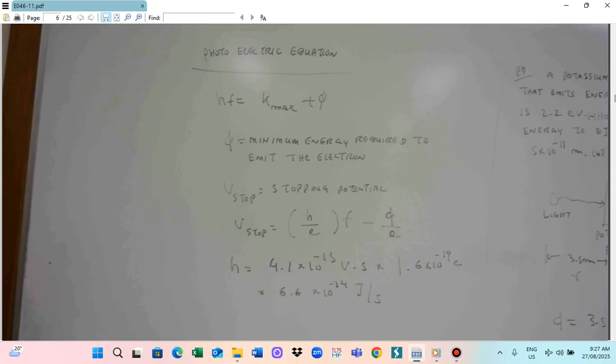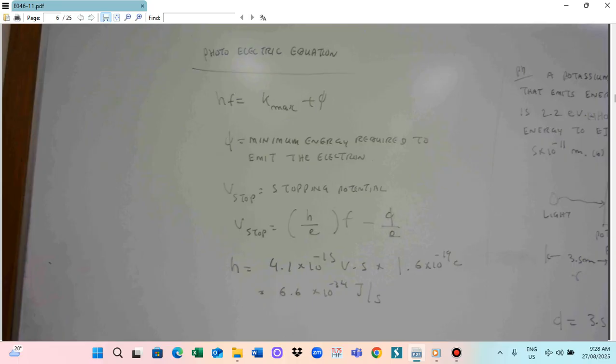This means that to produce the electron, it needs 6.6 into 10 power minus 34 joules, and by applying it every electron can come out. So this is the energy required to emit the electron. This principle is utilized in solar cell design, where the sun is the energy source. Sun energy excites the electrons, and they absorb the sun energy and come out.